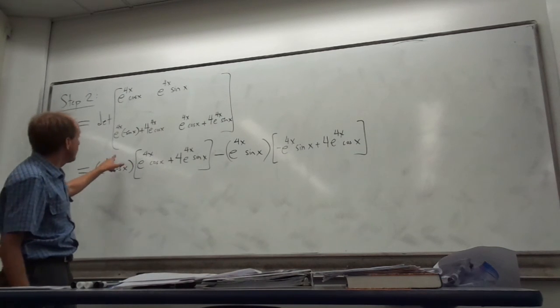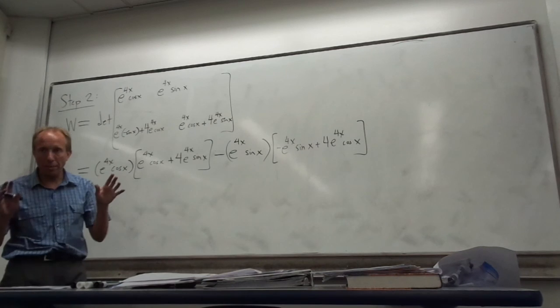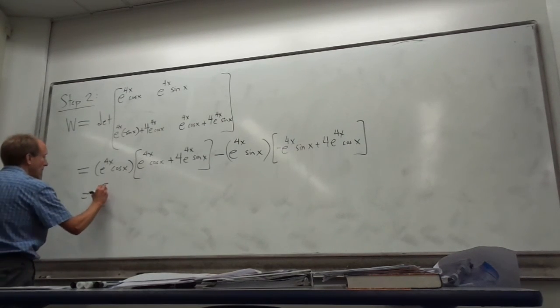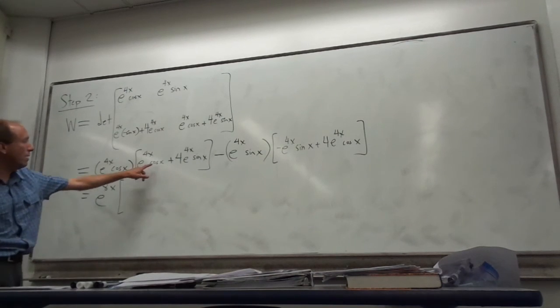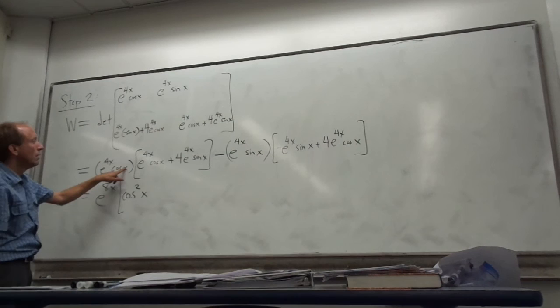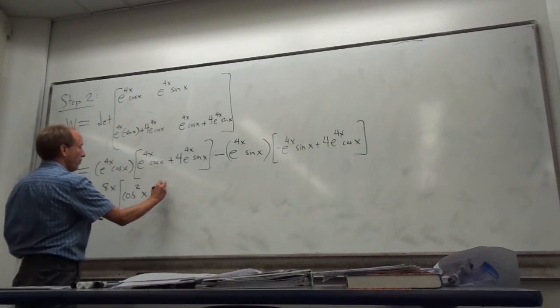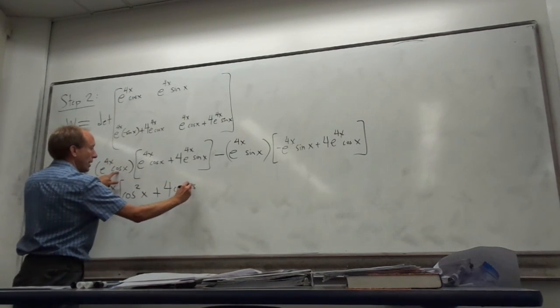There's e to the 4x times e to the 4x. It's not really canceling, but e to the 4x times e to the 4x would become e to the 8x, right? So I could factor that out if I wanted, e to the 8x. All right, and let's just see what we're left with. Well, right here I have cosine squared. And then on this one I have plus 4 cosine x sine x.